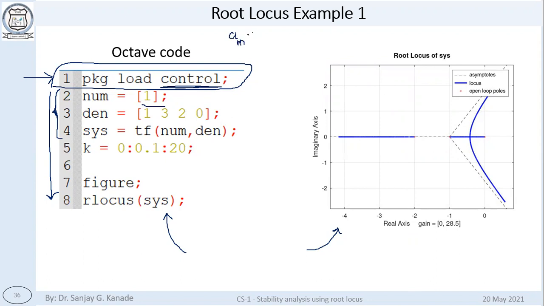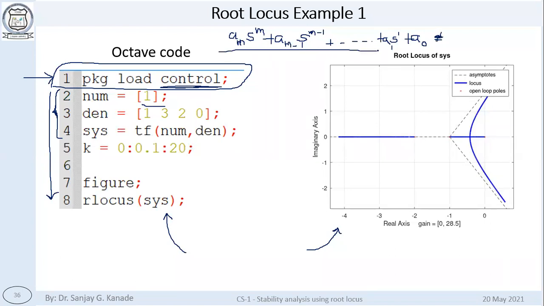We will take a_m s raised to m plus a_(m-1) s raised to m minus 1, and we will continue until plus a_1 s raised to 1 plus a_0. There is no need to have an equal sign, okay?